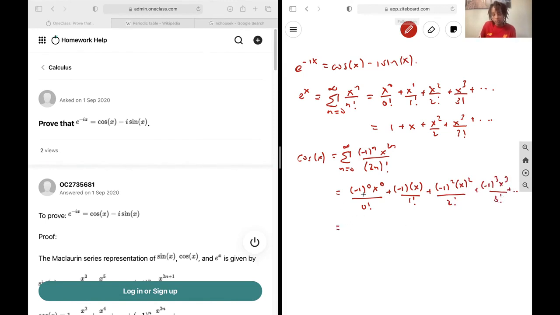And so this would become everything to the power of 0 is 1, minus x, plus x squared over 2 factorial.